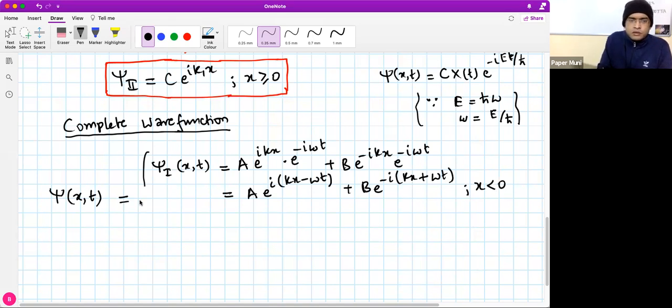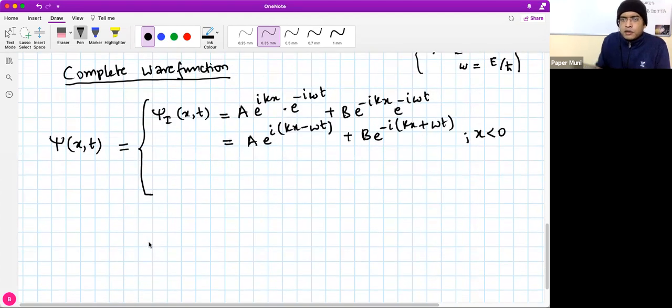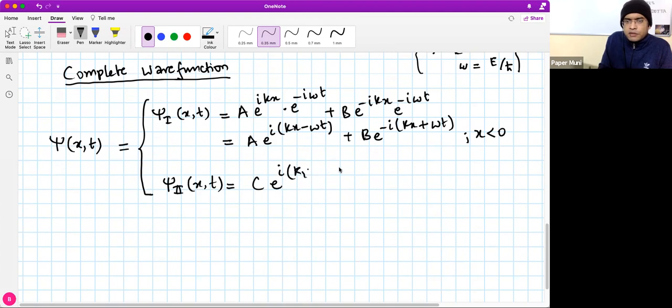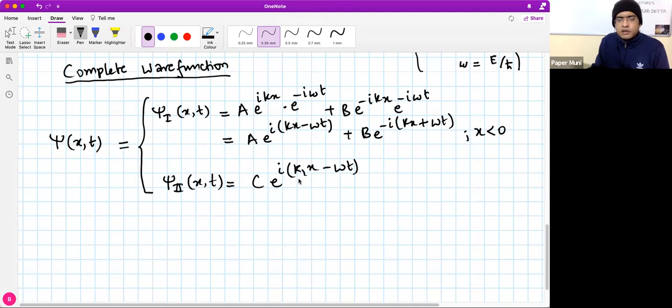This is one of the wave functions which we have written, complete with the time. Now the other part is psi 2, which is equal to c e to the power iota (k1x minus omega t). This is the complete wave function we have for the whole system.